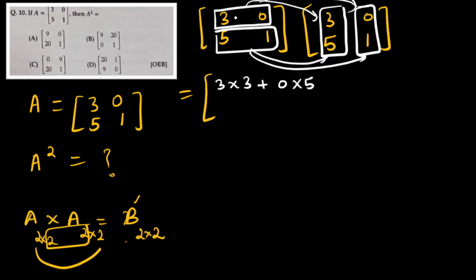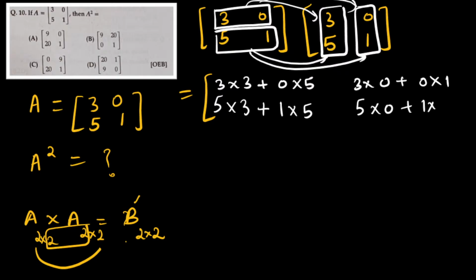So 3 into 0 plus 0 into 1. Now the second one I am doing, so 5 into 3 plus 1 into 5, then 5 into 0 plus 1 into 1. First element with first I am multiplying, second with second. For the second column also, first with first element, second with second. So we'll see what we'll get.